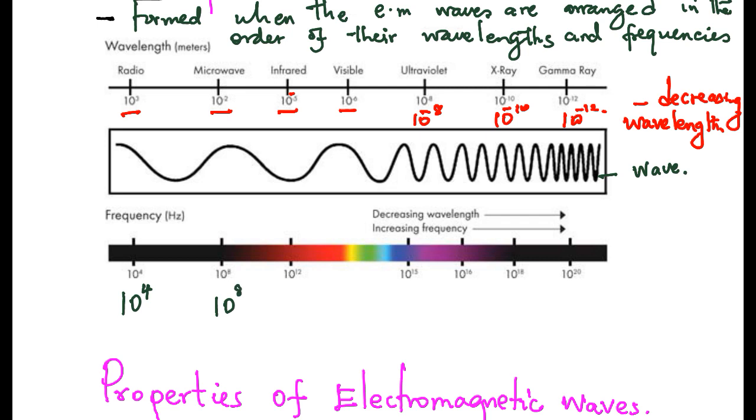We move to the infrared, 10 raised to power 12, followed by the visible light, then ultraviolet, X-rays, and then finally gamma rays with the highest frequency and the lowest wavelength.